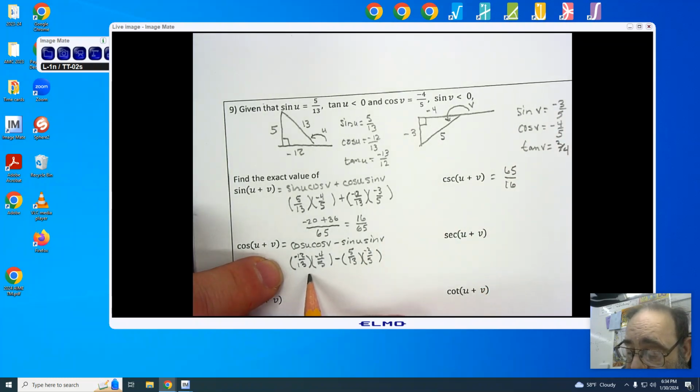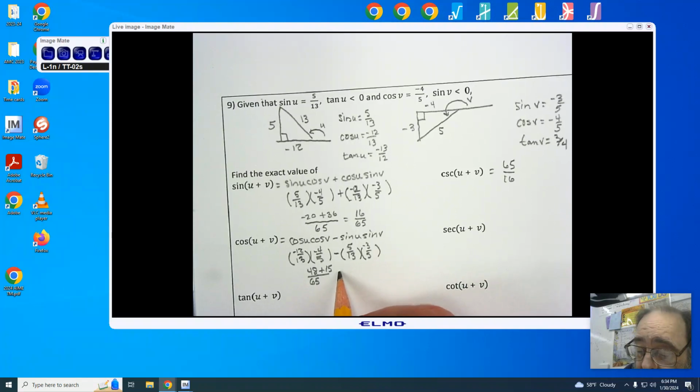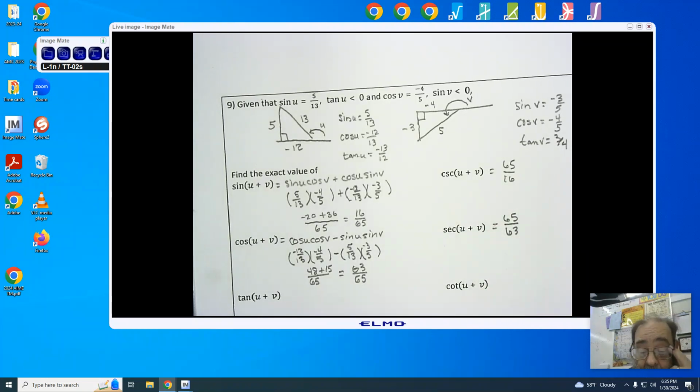I end up getting 48/65. And I am subtracting a double negative to make it a positive 15/65. I'm now going to add them together, and I get an answer that is 63/65. To do my secant, I take the reciprocal, 65/63.